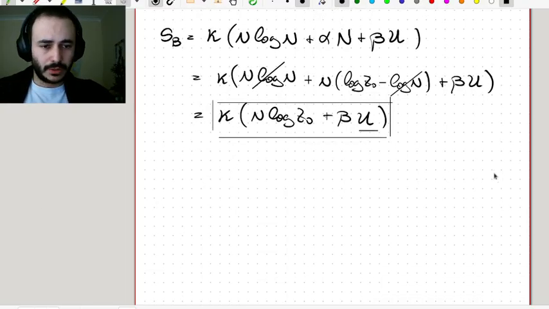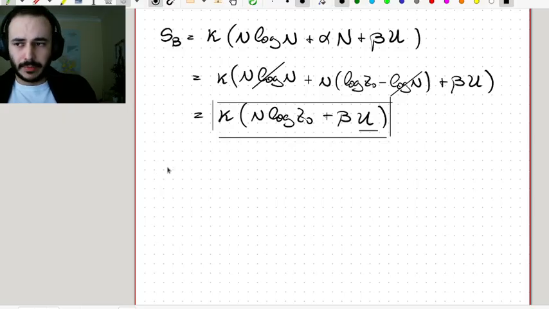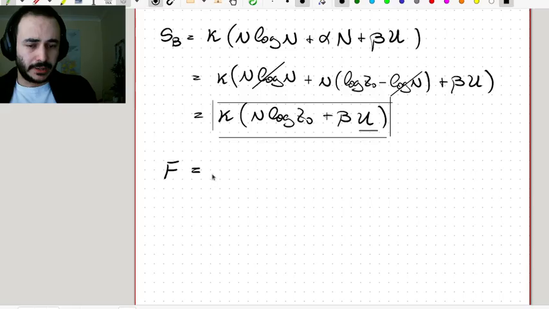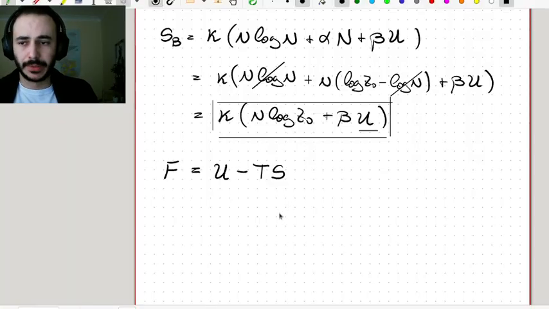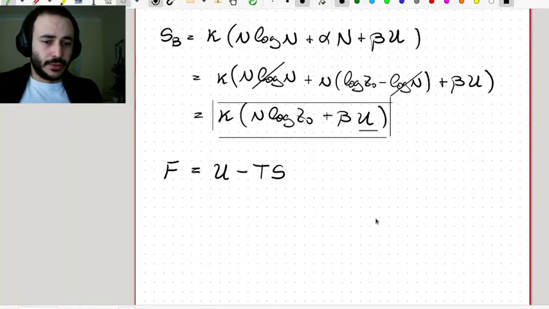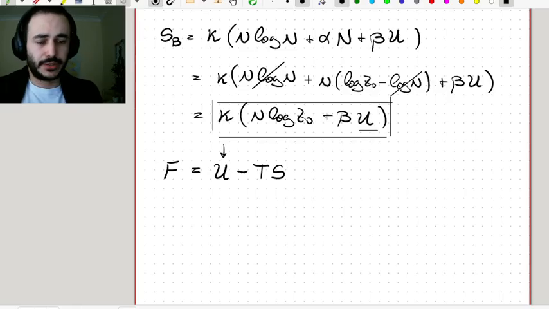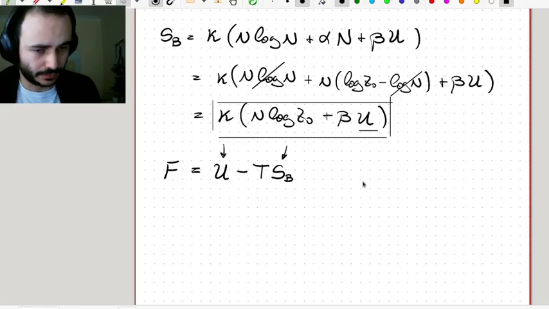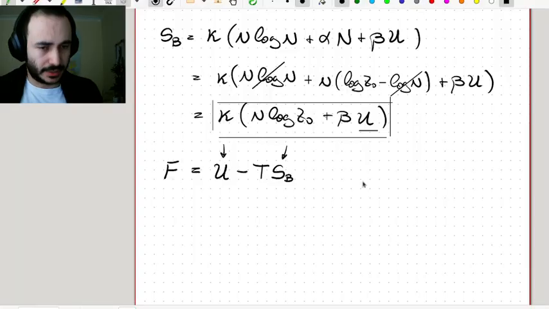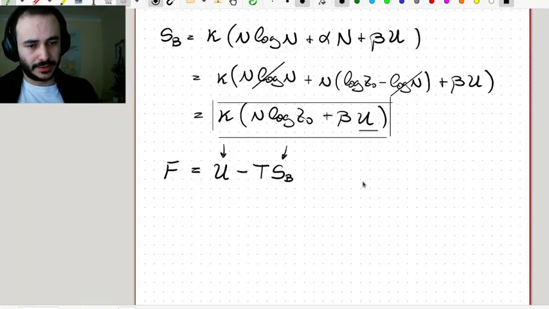Now, what other things can you calculate? Well, remember what the free energy is. Free energy is a Legendre transform of the internal energy in which you are swapping the variables T and S. That's what it is. So again, you know everything from the partition function. You know that this guy can be found from the partition function, and you know also that the entropy, in this case Boltzmann entropy, which we have hopefully convinced ourselves that at least for a non-interacting system is equal to the true thermodynamic entropy.